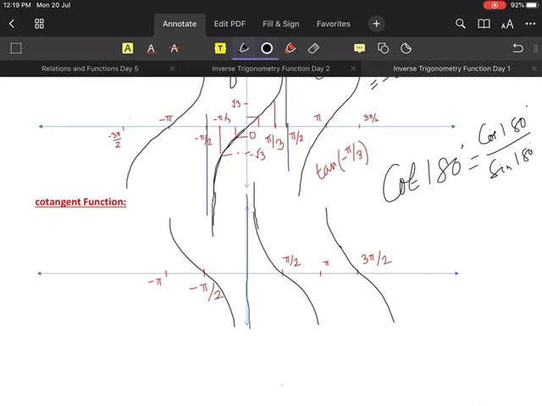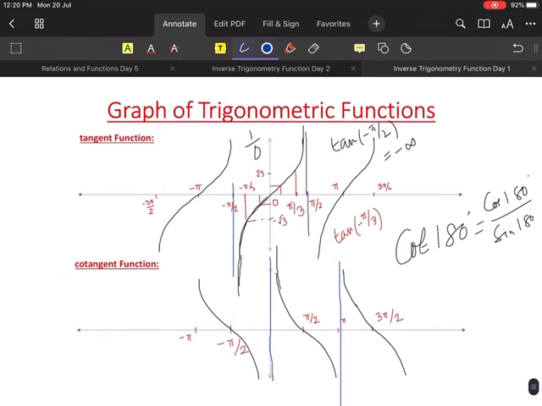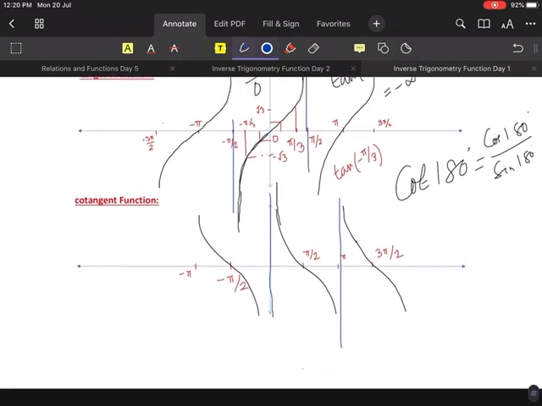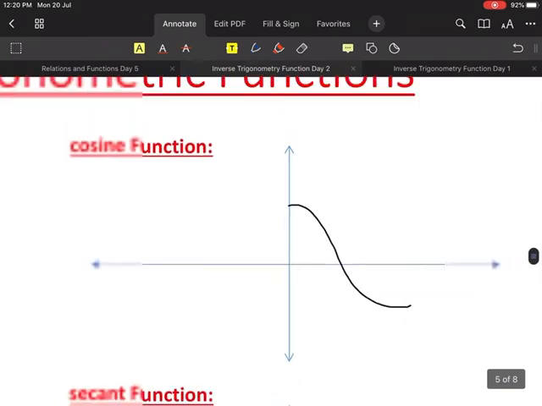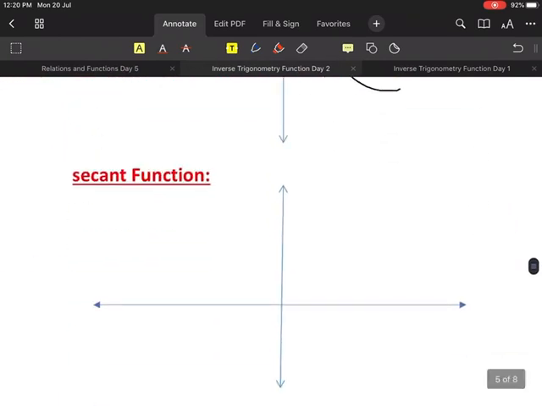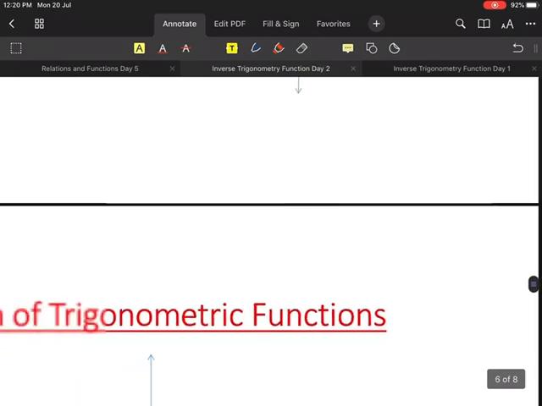So it will go in this direction, just like the tan one. Am I clear? Have you understood the graph? Yes or no? So this is how we can do the graph of trigonometric functions.